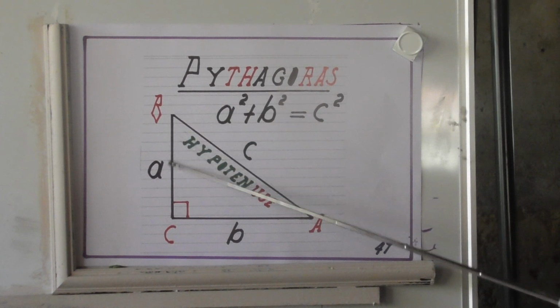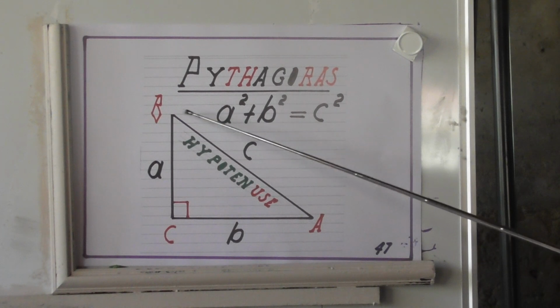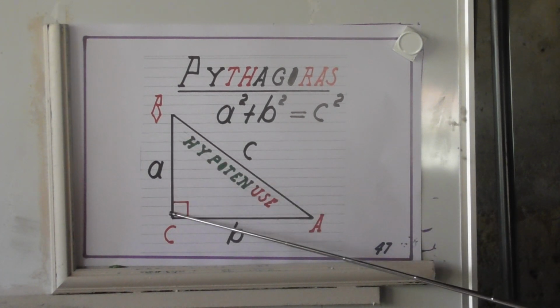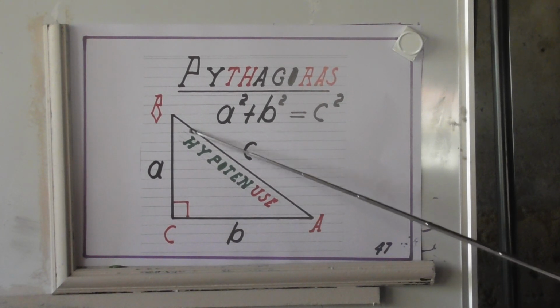Pythagoras discovered if you have a right triangle, then the square of this one plus the square of this one equals the square of that one.